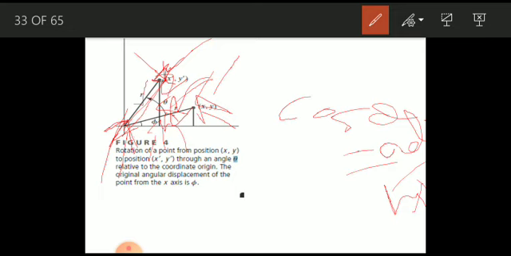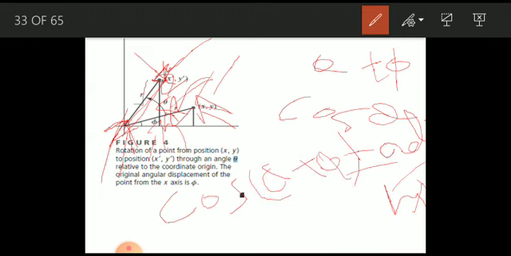The total angle made by that particular point with respect to the x-axis would be theta plus phi. So cos of theta plus phi is equal to, what is the adjacent side here? It is x dash divided by r. That is the hypotenuse.